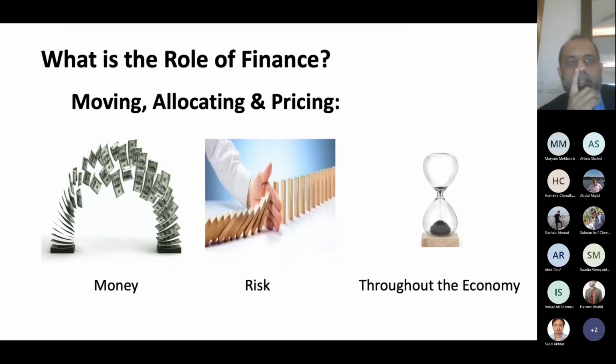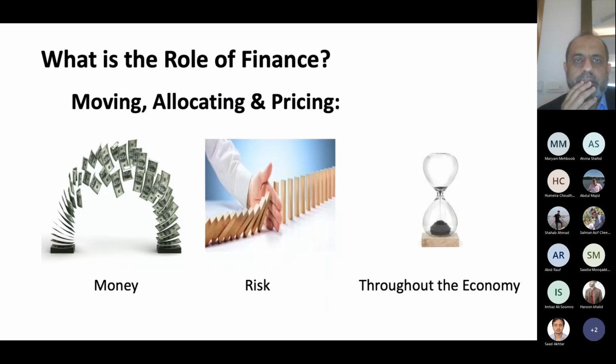I told you about this MIT professor who says that finance is about moving and allocating money and risk. So once you move your money, you are also taking risk. You are basically assigning risk to your money while you are investing in a venture.